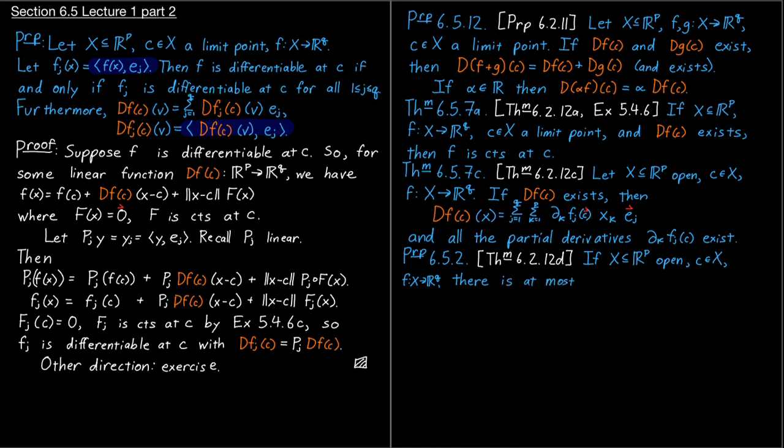There is at most one linear function that goes from R^p to R^q with dF of C equaling A. I could write out exactly what it means for dF of C to equal A with the capital F and the norm of X minus C and so on, but I think at this point you can fill that in.